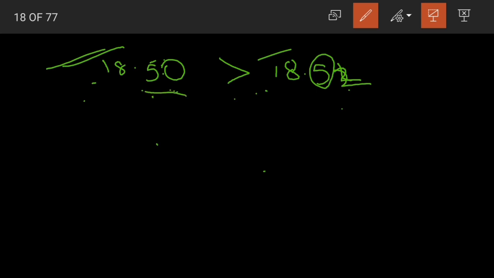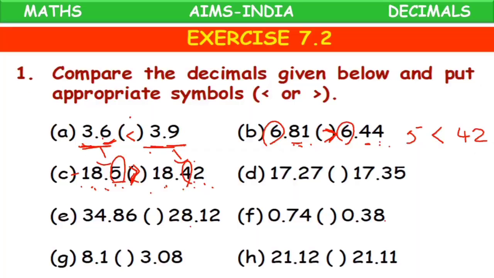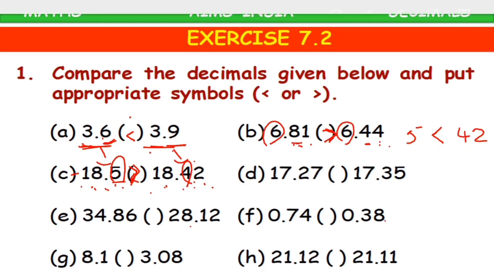We are adding a 0. When we compare 50 and 52, 50 is less than 52, so 18.50 becomes less than 18.52. Understood children? I hope the concept of comparison of decimals is clear.